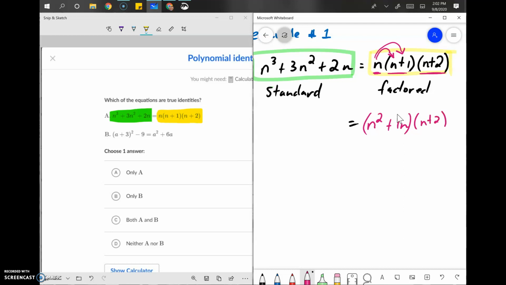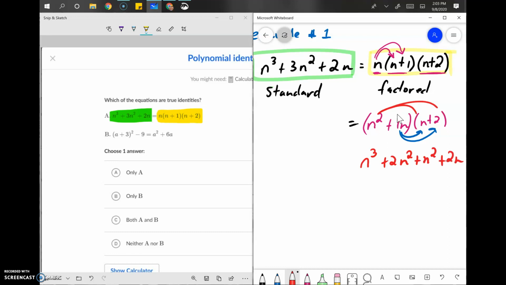Now I can multiply n squared through, and I'll use a different color to show you that I'm multiplying n through. When we multiply this out, our new expression is n squared times n is n to the third, n squared times 2 is 2n to the second, and then we've got n times n gives us n squared, and 1n times 2 gives us 2n.